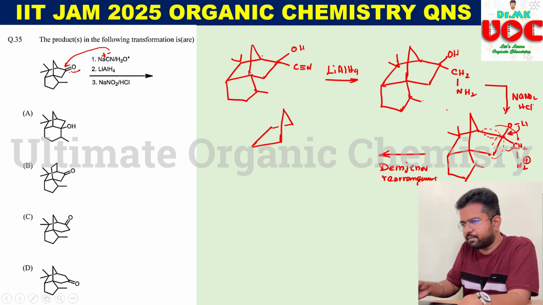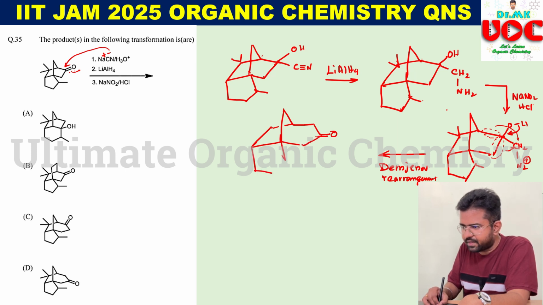So they have asked, this is a multiple choice question, that is, a multiple correct option question. CH2, C double bond O, CH2OH, sorry, CH2, and the ring will be there. So this can be one option.